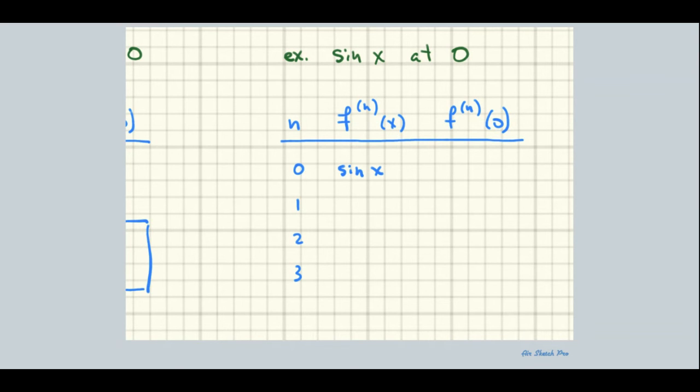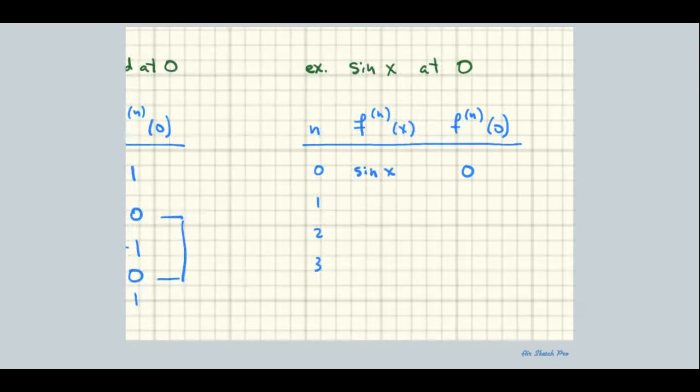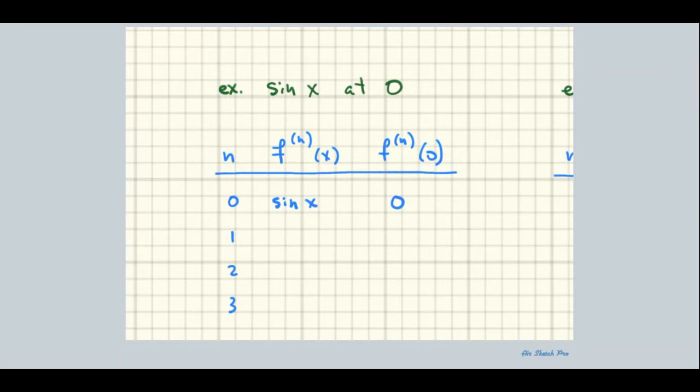Sine of 0 is 0. And I'm going to find f of 0, but remember the actual coefficient needs an n factorial for c sub n.